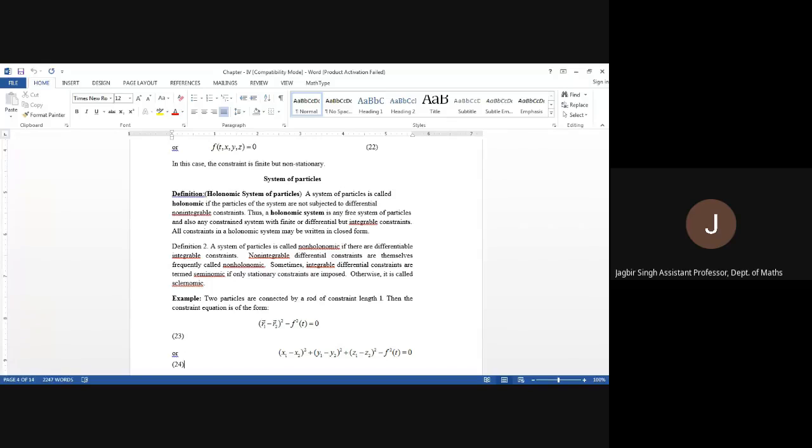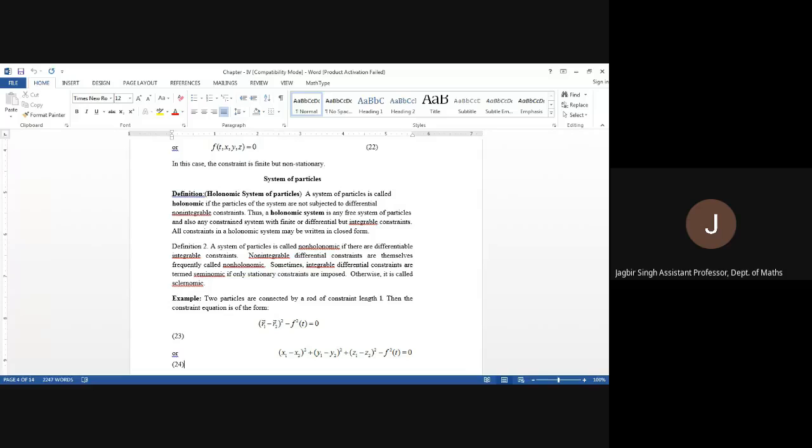So a holonomic system is one of three types. Number one, it should be a free system. Second, if restrictions are imposed, those should be finite constraints.